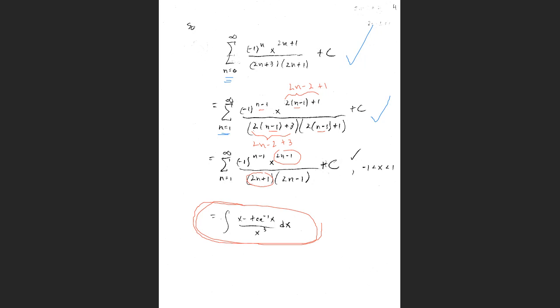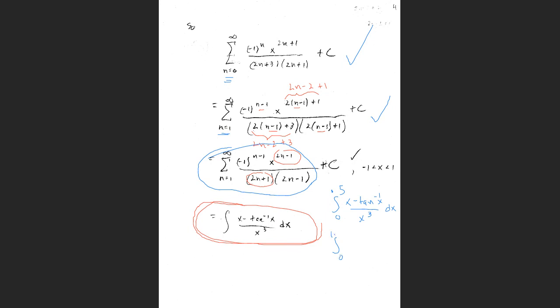And we can use the power series to, for instance, do the definite integral from 0 to 0.5 of x minus the arctangent of x over x cubed dx. This power series will work. It'll work fine.